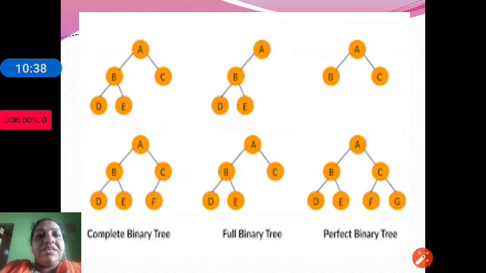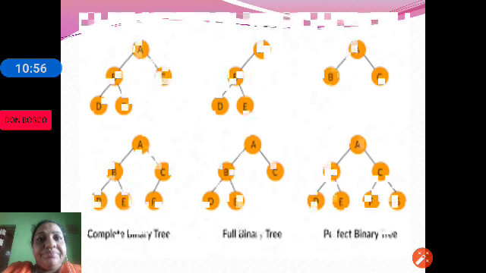As you can see in the example, we can see complete tree, full tree and a perfect binary tree. Any node which can have 0 to a maximum of 2 child nodes is called a binary tree.